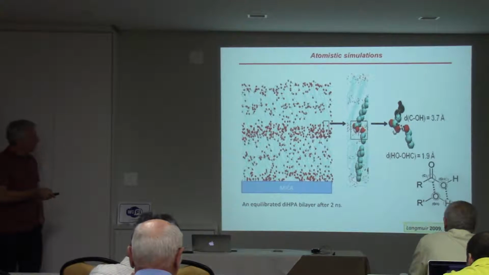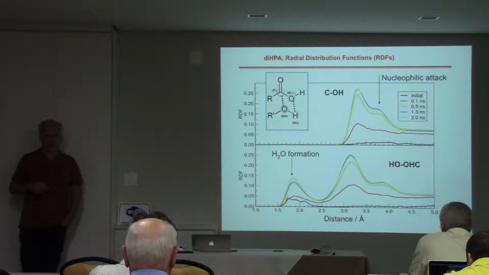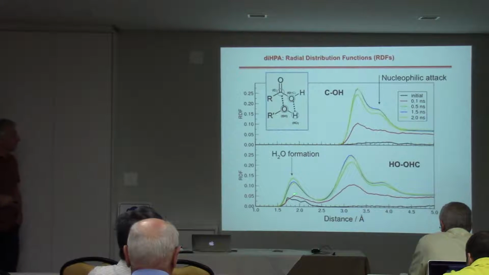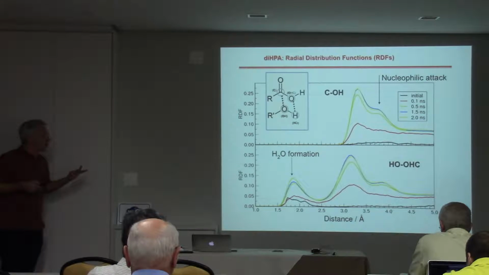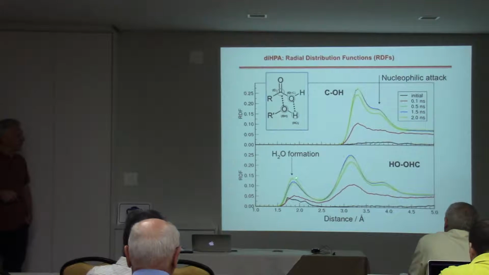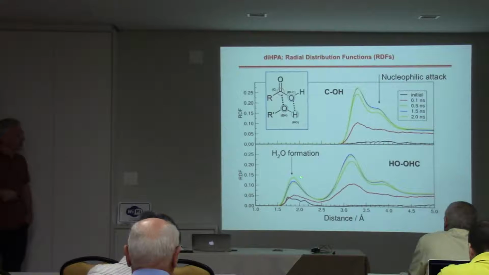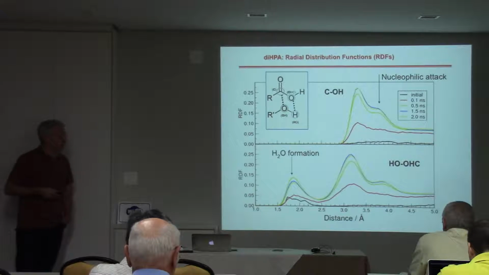And this can be visualized in the radial distribution functions. We can see how the distance which could evolve to the water formation evolves along the time to give a peak. And also this shoulder would correspond to the nucleophilic attack.